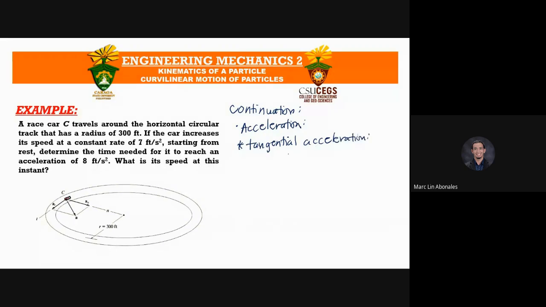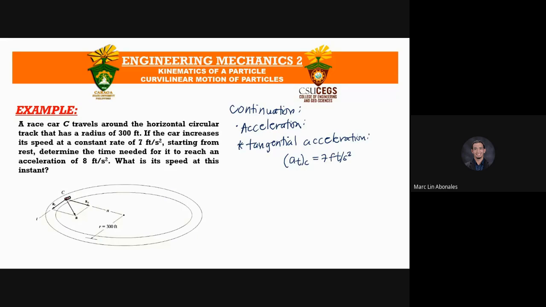So that would be equal to 7 feet per second squared. Kay gano man 7 ang ato ang tangential acceleration because if the car increases its speed at a constant rate of 7 feet per second squared, so kung naga-increase ang ato ang speed sa tong car, ang iyahang corresponding na acceleration is always equal to 7 feet per second squared.